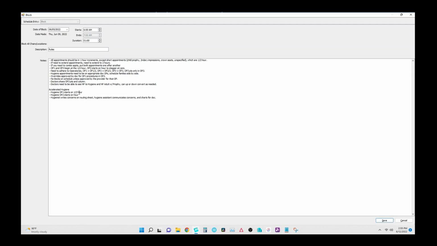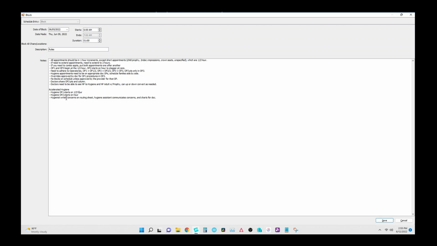Okay, as far as the accelerated hygiene, hygiene operatory 1 corresponds to the doctor's operatory 1, so it starts on the half hour. Hygiene operatory 2 starts on the hour. So again, very similar to the doctor's OP1 and OP2. The other thing too is, because the hygienist is skipping back and forth between patients, the hygienist will write their concerns on the routing sheet. For example, I saw something on 12, please look at it.